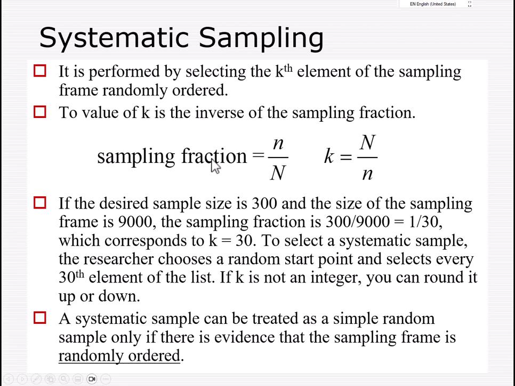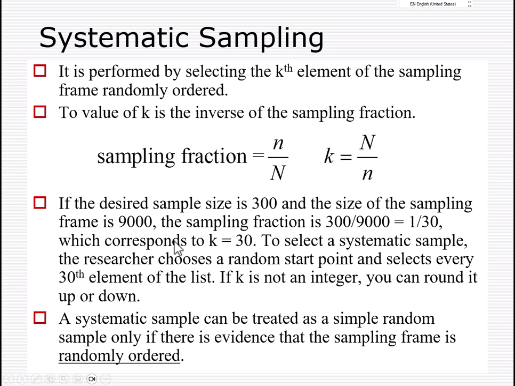You invert your sampling fraction to obtain your K. So with a sampling fraction of 300 over 9,000, the sampling fraction is 1 every 30th. So if the desired sample size is 300, then your K will be 30.